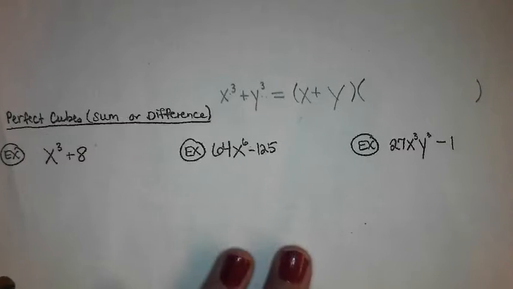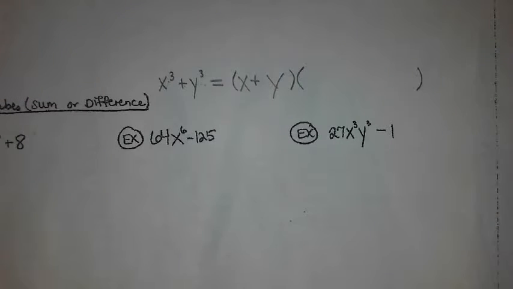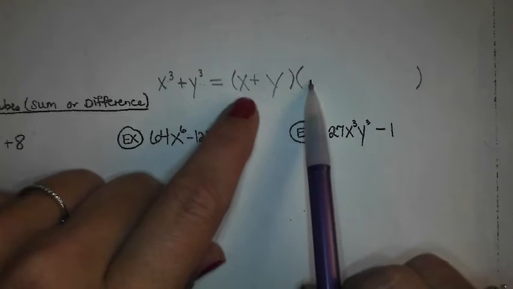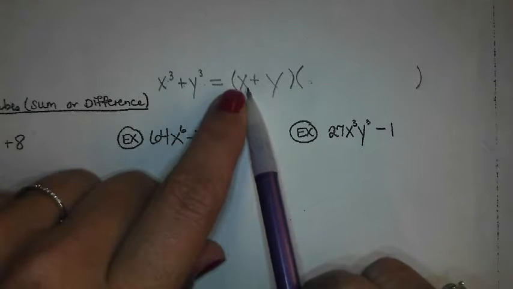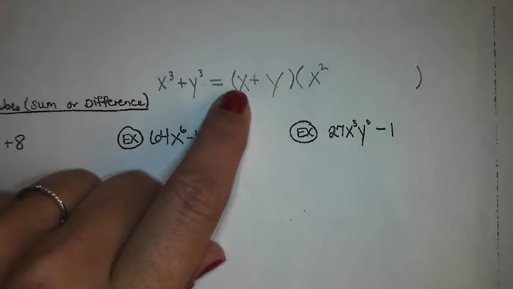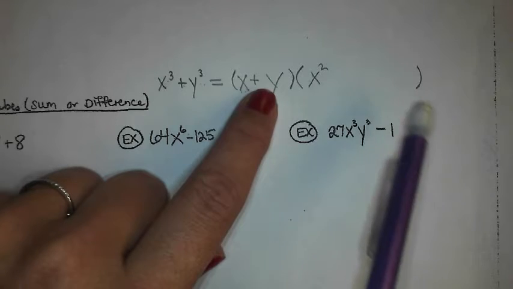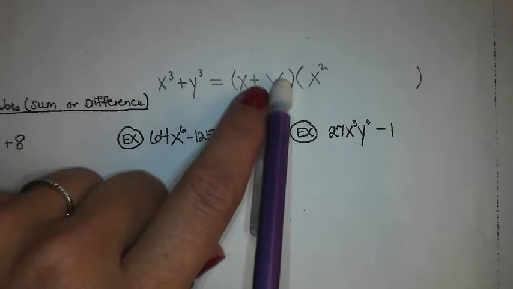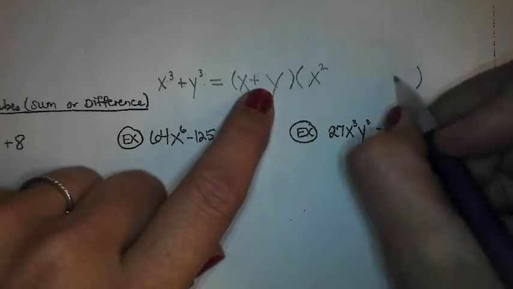Now getting to the trinomial takes a little bit more of the memorization. To get the first term of the trinomial, you just square this x. Whatever that term is, you square it, so x squared. To get the last term of the trinomial, you just square that second term, so y squared.